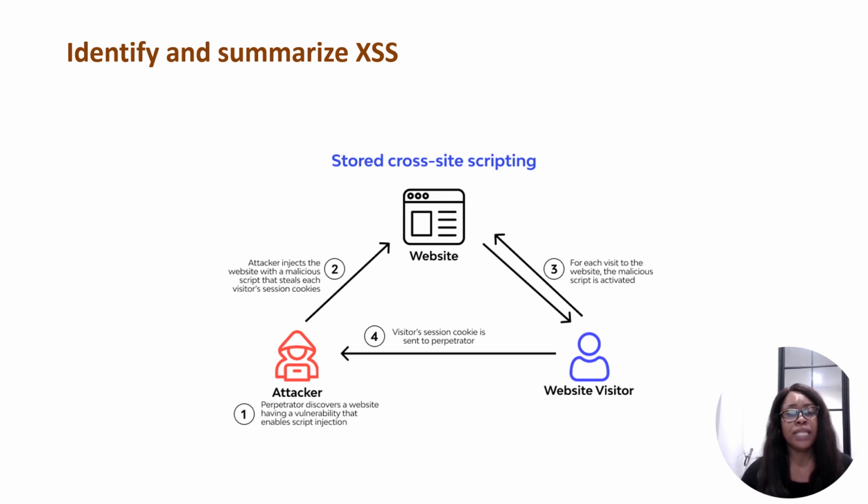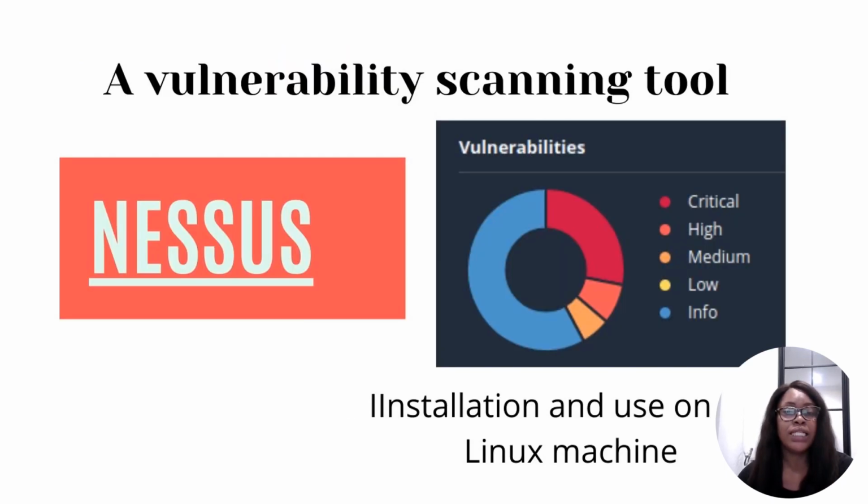The ultimate aim of XSS is to use trusted web applications with weak code as a means to transmit harmful code to users.